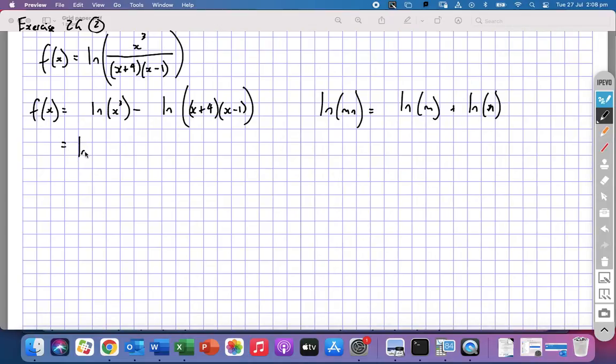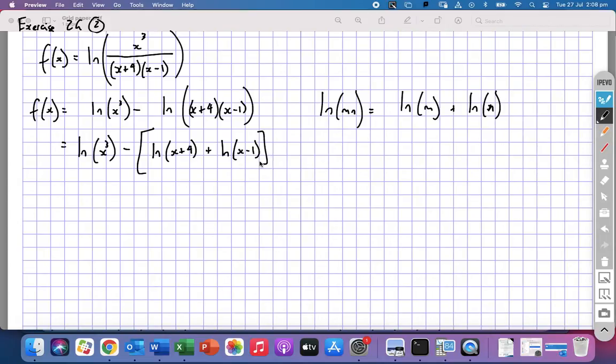Just be careful. I would be using brackets here, because you need to subtract everything here. So let's use these large square brackets and then split the log up. Because what I've really got is minus this log and minus this other log as well.